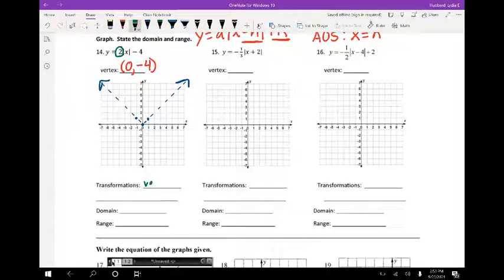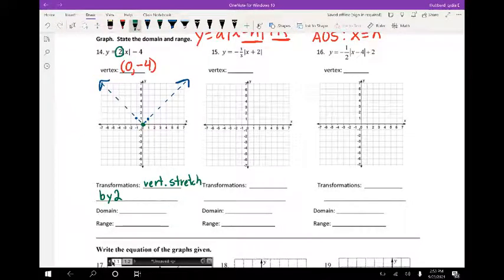So that means that one of our transformations is a vertical stretch by 2. So I'm going to go ahead and do that first. So vertical stretch by 2. That means I'm going to take the y values and multiply them by 2. So 0 times 2 will still be 0.